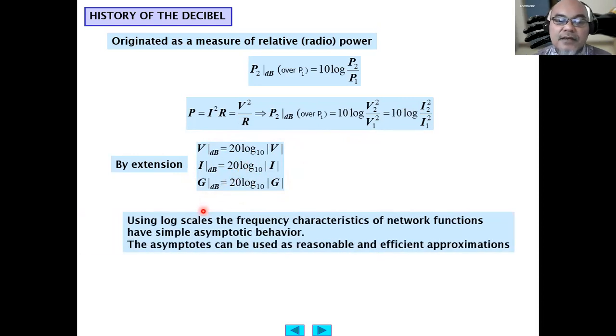So by using log scales, the frequency characteristic of a network function will have simple asymptotic behavior. These asymptotes can be used as a reasonable and efficient approximation of the actual characteristic response.